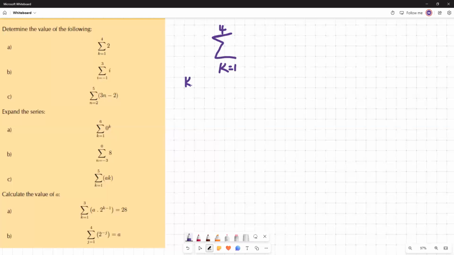You agree that in simple terms, it means you need k1, k2, k3, and k4. Because as we said, this is where you're starting. You're starting at k equals 1, you're ending at k equals 4. So here we're looking for t at 1, t at 2, t at 3, t at 4. And then let's see what that gives us.